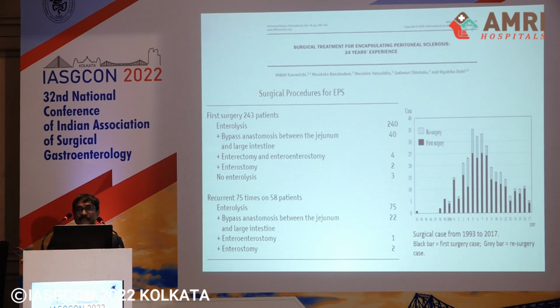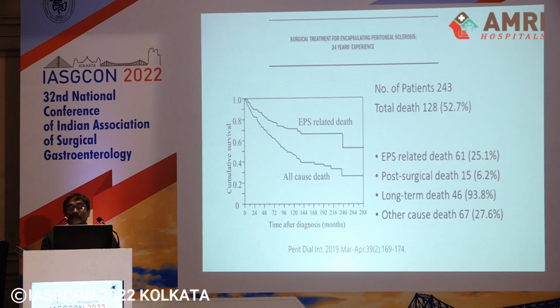Majority, you see, more than 35% of the patients have recurrent problems and require surgery, like 58 patients out of 243 required 75 operations. The right hand diagram shows, the black bar shows the first surgery, and the same group, how many patients required re-surgery. The re-surgery is also very significant, and complications related to the surgery were more than 50%.